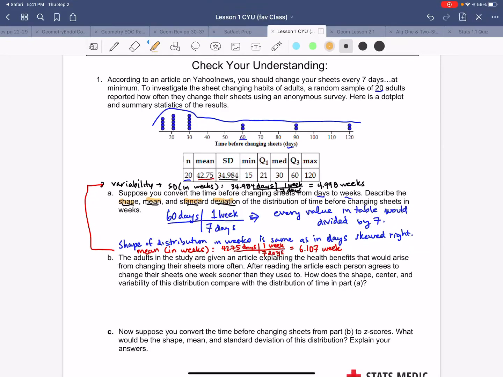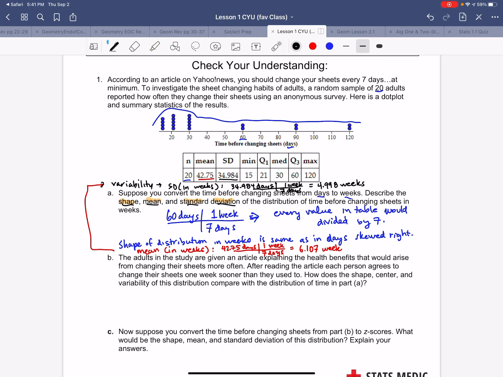All right, part B says, the adults in the study are given an article explaining the health benefits that would arise from changing their sheets more often. After reading the article, each person agrees to change their sheets 1 week sooner than they used to. Okay, so that's very interesting.